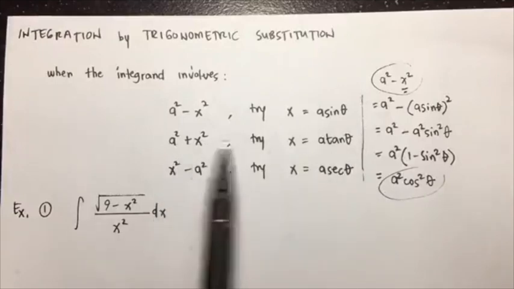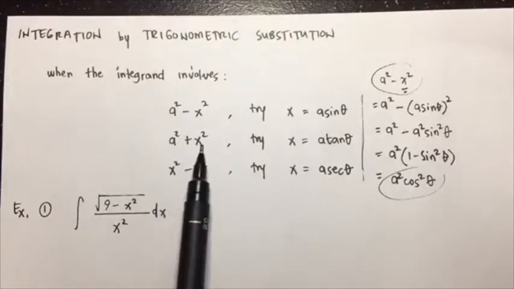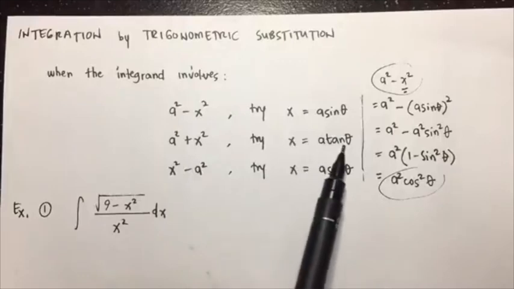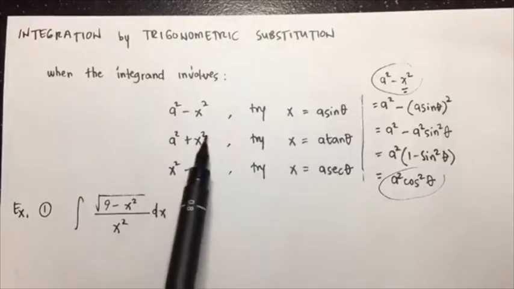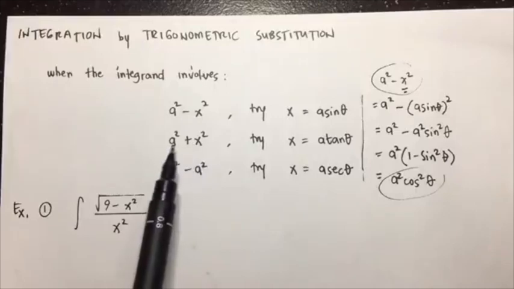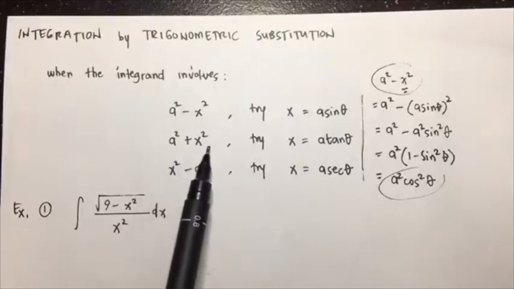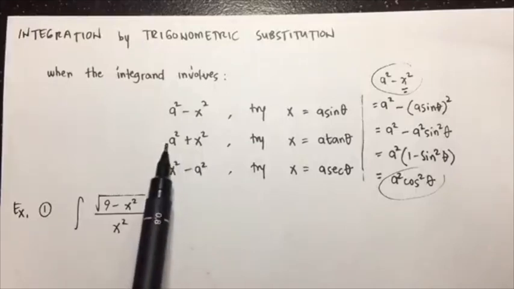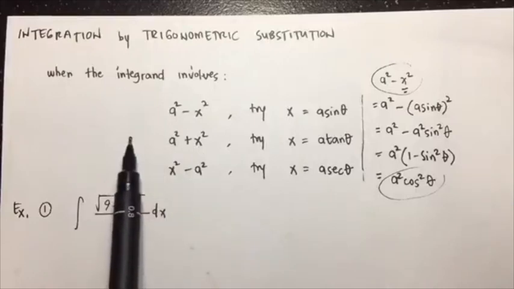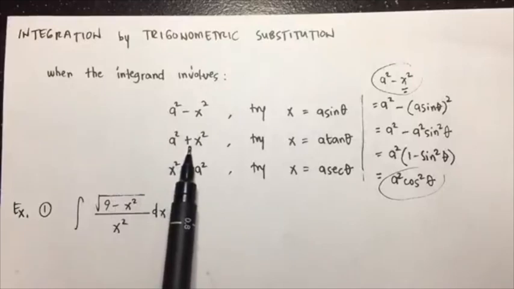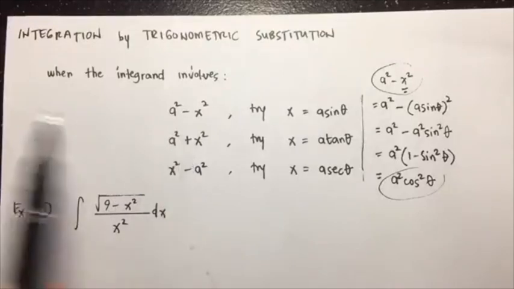Similarly, if we substitute x is equal to a tangent theta, this will become a squared plus a squared tangent squared theta. Factoring out a squared, that will become a squared multiplied by 1 plus tangent squared theta, so that becomes a secant squared theta.